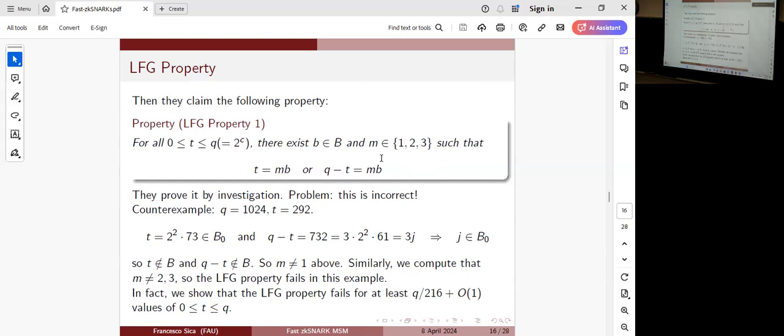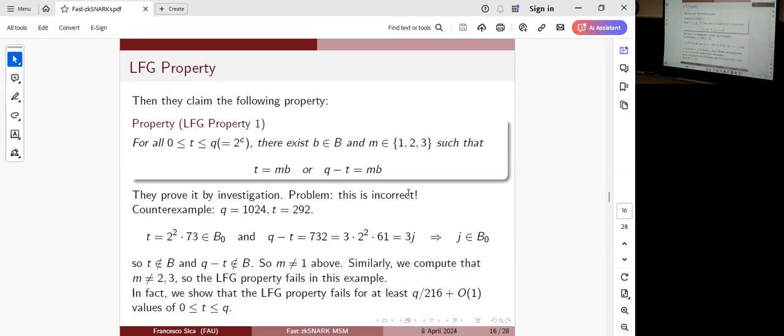So this gives a way to decompose T modulo Q, as MB or minus MB modulo Q, but together with some analytic bounds, like you want T to be less than Q, basically between 0 and Q. Because of that, you need to control somehow the size of B also, because otherwise MB could be a multiple of Q, could be large. And then that would not work.